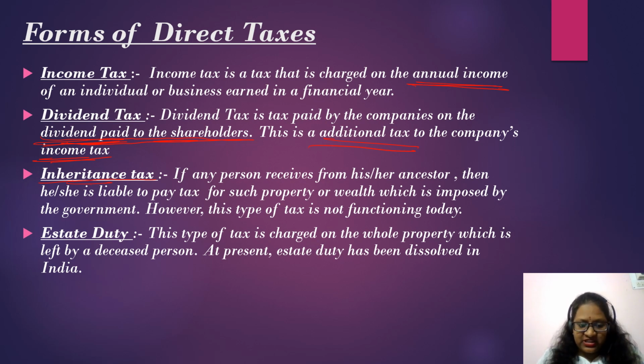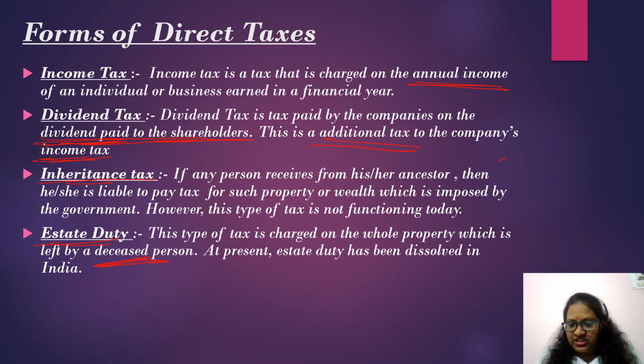Now next comes the estate duty tax. This type of tax is charged on the whole property which is left by a deceased person. Same like inheritance tax, when the person is deceased, his or her property would be transferred to their children or their family members further. On that whole amount of property, the tax which is calculated is called estate duty tax. But this is also not functioning today in India.